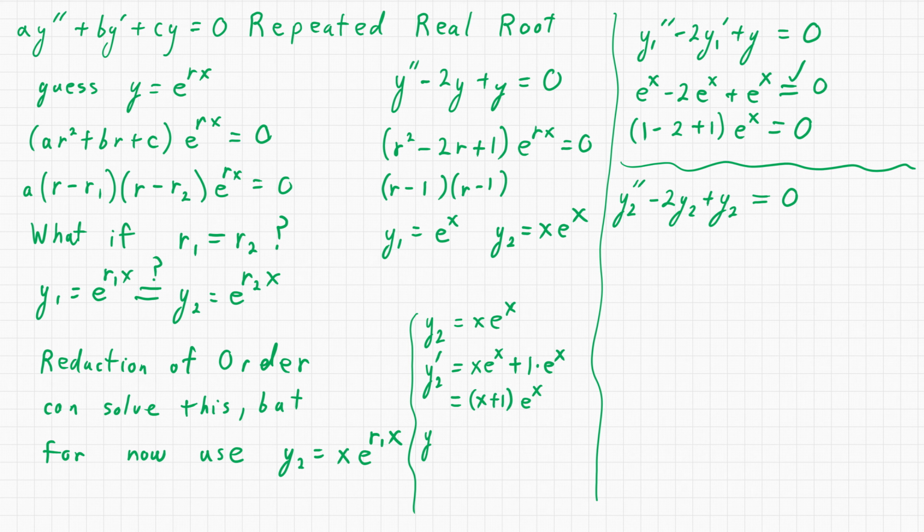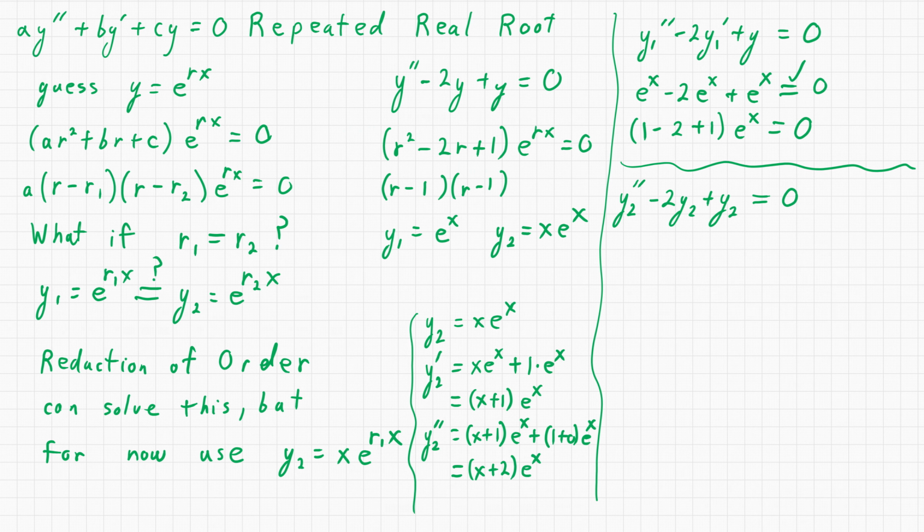If you want y2 double prime, I take the derivative of this. I'm going to leave the x plus 1 alone, so I get (x plus 1) times the derivative of e to the x, which is e to the x, plus the derivative of x plus 1, which is 1, times e to the x. If I simplify that, that's going to be (x plus 2) times e to the x.